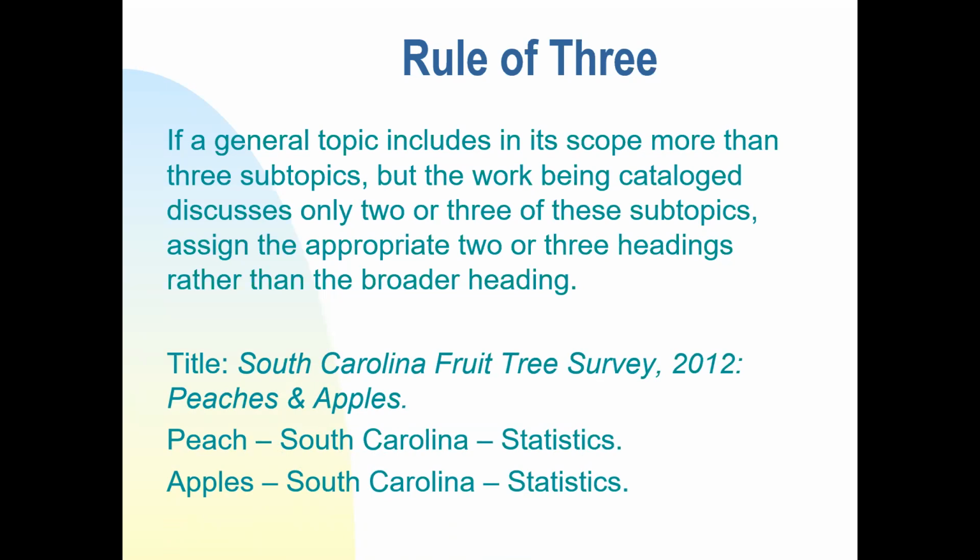It would be misleading to say fruit, South Carolina statistics. So we would do peach, South Carolina statistics, and apples, South Carolina statistics. And you may wonder why it's peach instead of peaches or apples instead of apple.